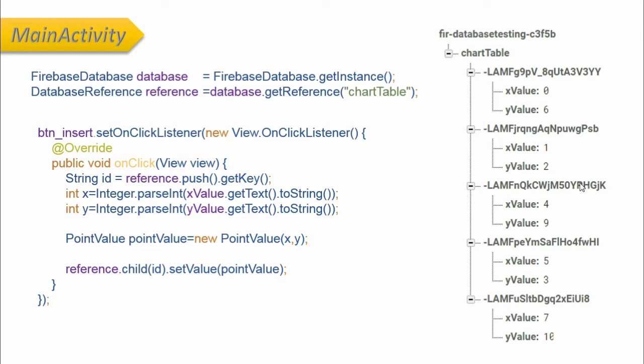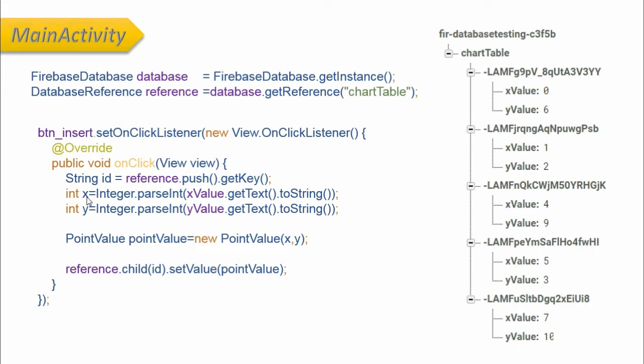After that we will get the values from the edit text, and for that xValue.getText, typecast it to string and then typecast it to integer. Same for the Y value.